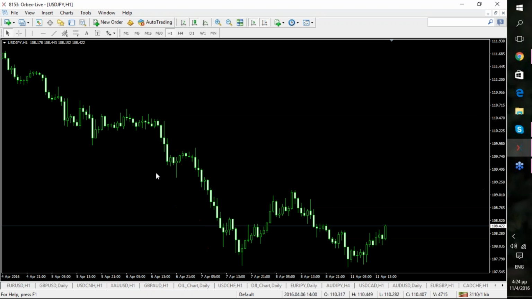Okay, and that looks to be a sort of correction or a change of trend. We're not sure on the USD JPY, but there is definitely an appreciation in price. As you can see, more power by the buyers here.